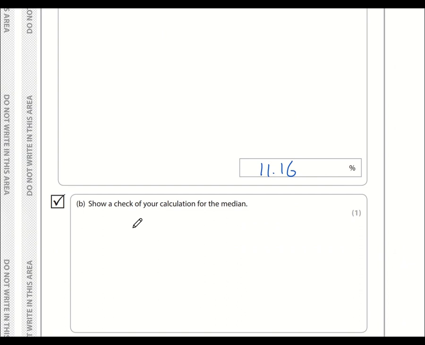Part B is slightly unusual. We need to show a check for our calculation for the median. Well, we worked out that the median was 43.8, and it fell between 2 values. So what I'm going to do is multiply this number by 2. Remember, we divided our total by 2 to get 43.8. 43.8 multiplied by 2 is 87.6.